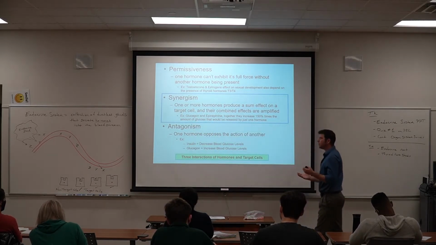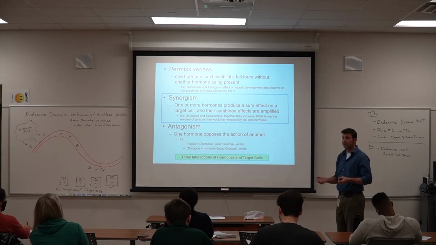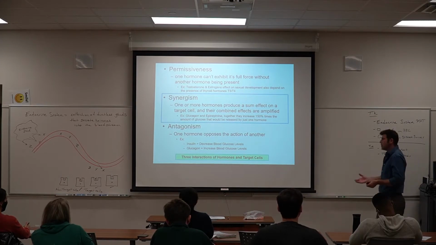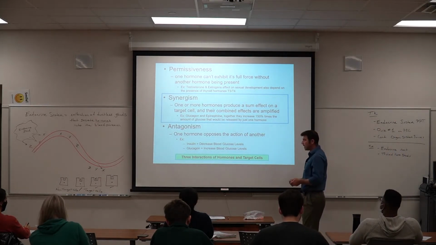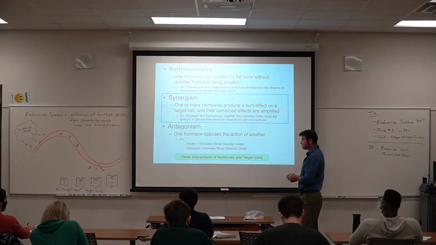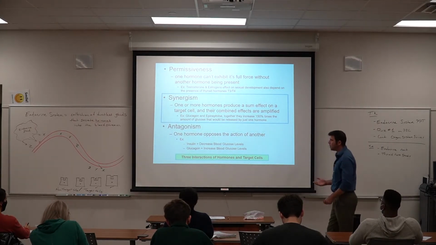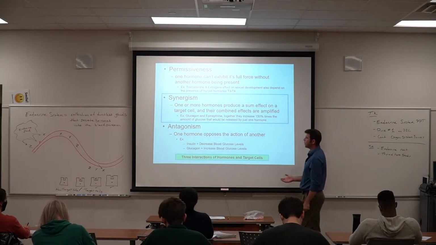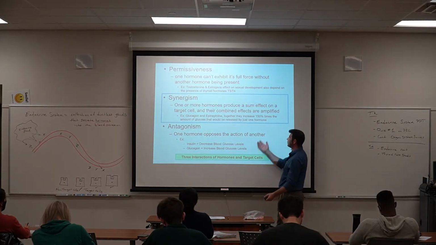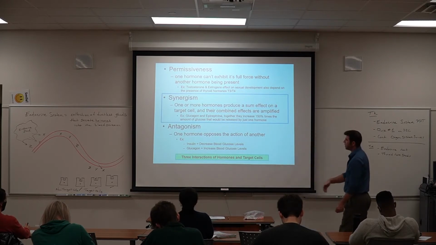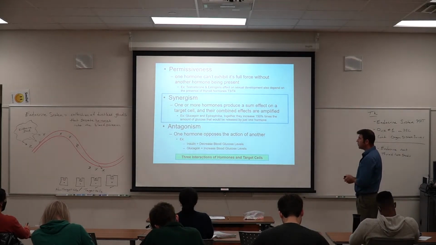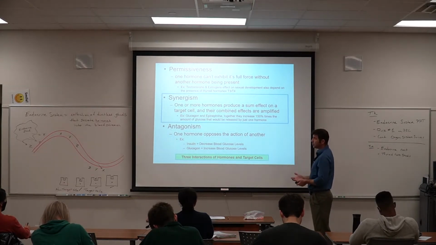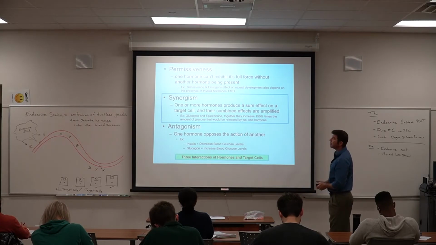It's going to cause cells to start to produce glucose from things like proteins and lipids. Its goal is to increase glucose levels in the bloodstream, and it can really amplify how much glucose it can put in the bloodstream if epinephrine is added in with it. Again, somewhere around 150 times the amount of glucose could be produced if glucagon is incorporated with epinephrine. So this amplification effect is what we refer to as synergism.